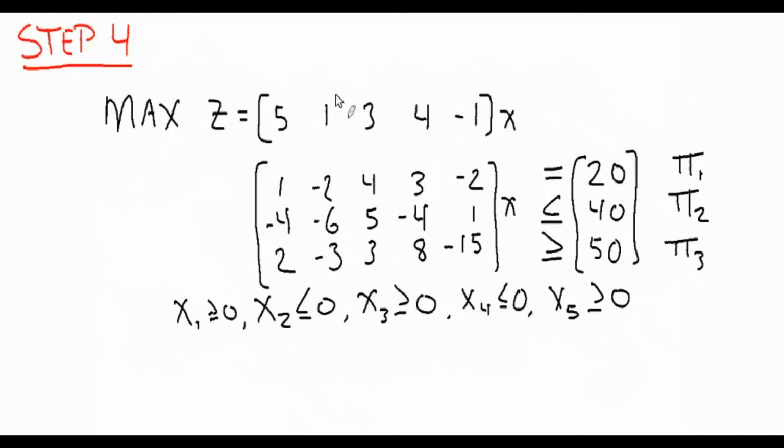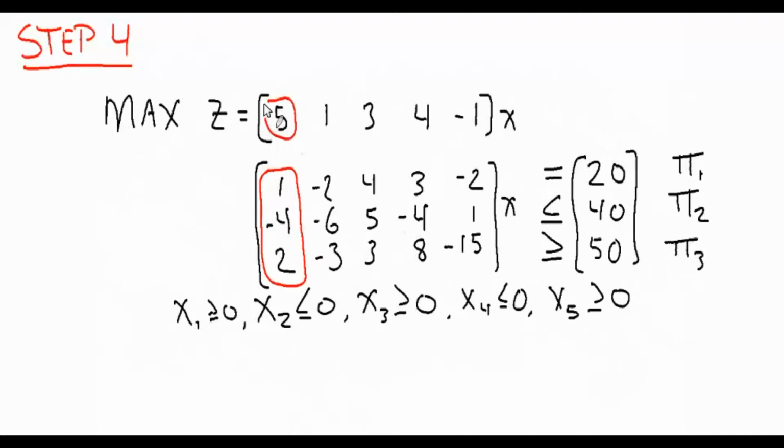Let's make the first dual constraint. The first dual constraint corresponds to the first primal variable. So for every primal variable, there's a dual constraint. And so the coefficients on the first primal decision variable, that on x sub 1, is this column here. And the corresponding coefficient in the objective function is 5.